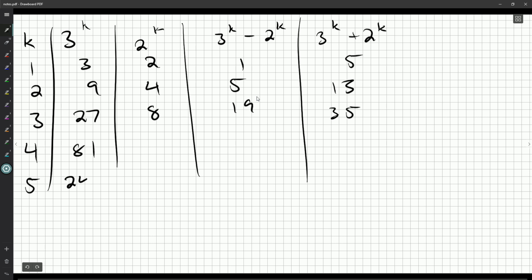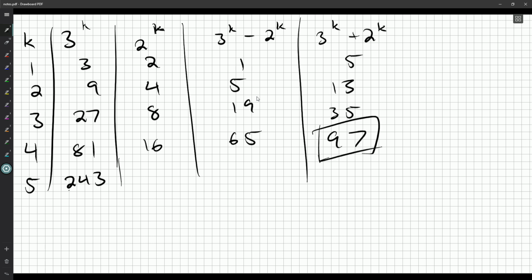And the next power of 3 would be 243, so I think that's a little too big, but it's wishful thinking right here. So 16, 81 minus 16, obviously subtracting it isn't going to do me any good, but 65. Adding them, however, there it is, 97.